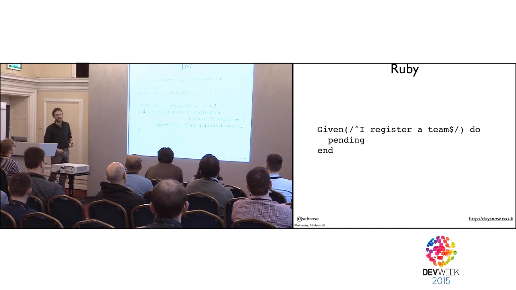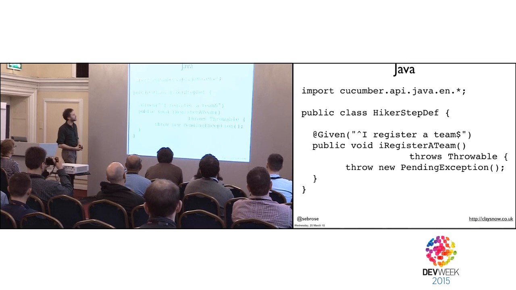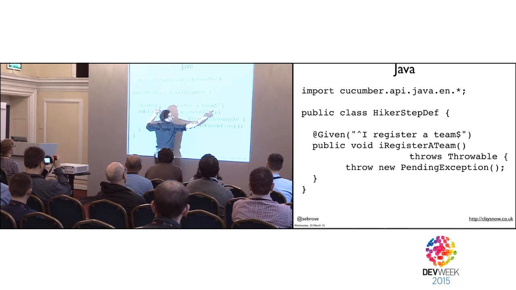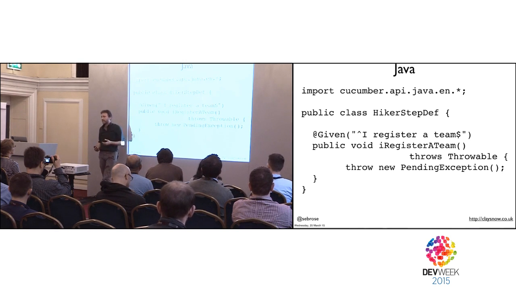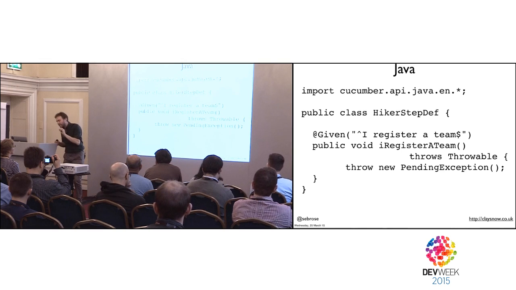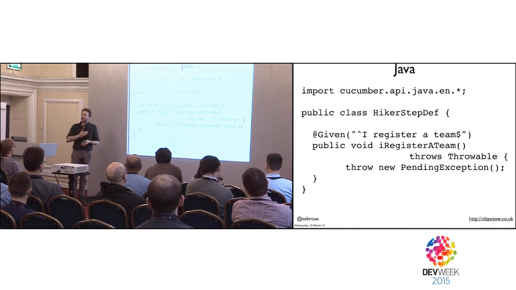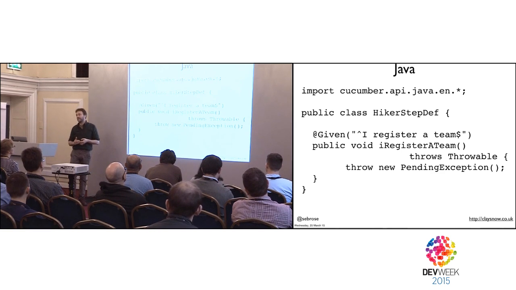In Java, it's slightly more verbose. Strange that. However, same sort of thing. We've got this given. Now it's an annotation. We now have a regular expression, but it's in quotes, so it's a string. This has some slight problems, okay? So Java, because it uses a string, within a string, it treats backslashes as an escape character.